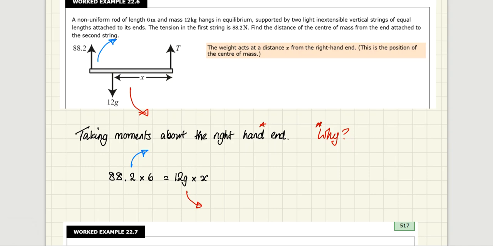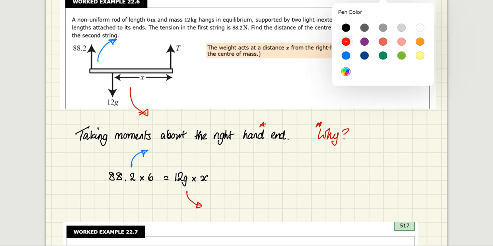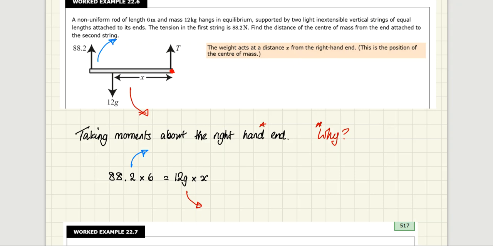My question for you is why? Because then we know the length x from the... We know that the distance from the center of mass to there, and the tension, is x.